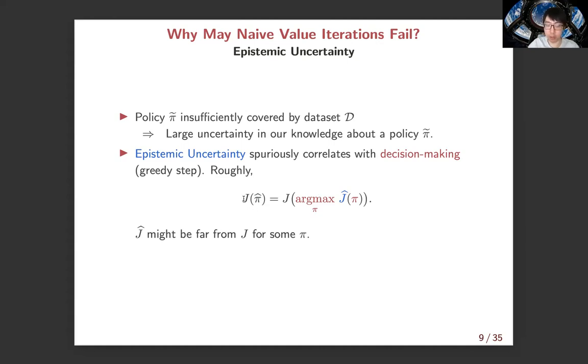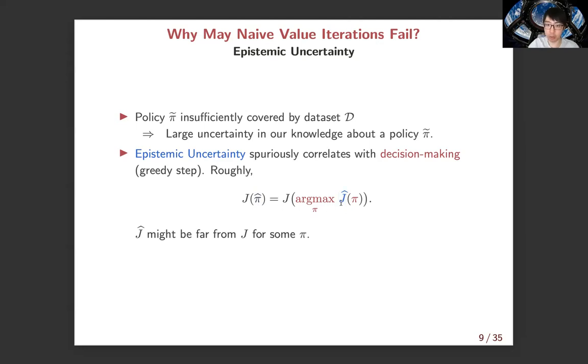Roughly speaking, we can just think of the definition. We have the J, which is the expected total reward, and we have the pi hat. We hope that this quantity is very large, right? Because if you plug in the estimated policy, then we hope the expected total reward is high. But the problem is that this policy is obtained by optimizing some J hat. But J hat is very inaccurate. It depends on the data set. And then my obtained policy would correlate with the error within this J hat.